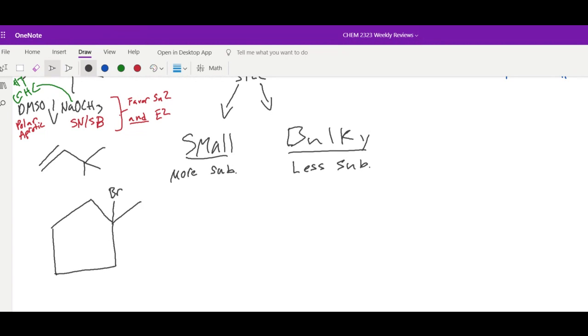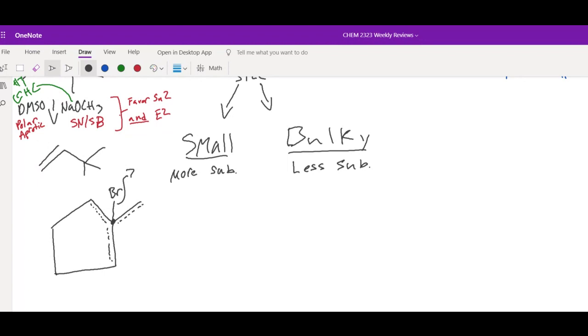If this is my leaving group, when it leaves, I'm going to have this carbon be the center point. So I can either form a double bond right here, or right here. Basically, any double bond connecting the carbon that left, or has the carbocation. So those are my three options.